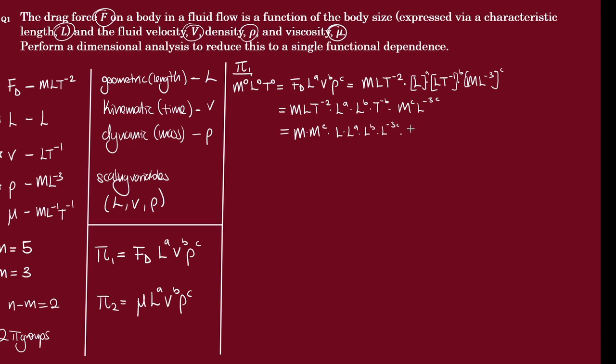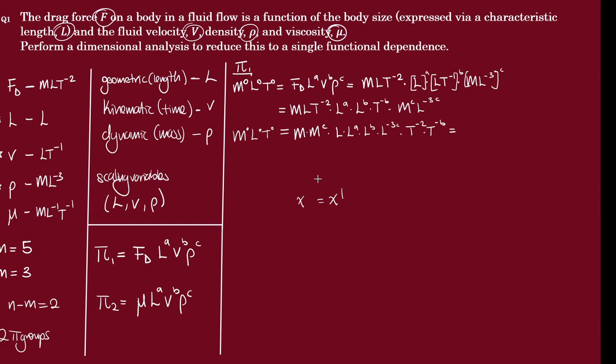Then we look for the time terms, so that's T to the negative 2, that's T to the minus b. Okay, so remember this is the same as M to the 0, L to the 0, T to the 0. So funny enough, simplifying this with the laws of indices, remember M on its own is the same as M raised to power 1, just like x is the same as x raised to power 1.